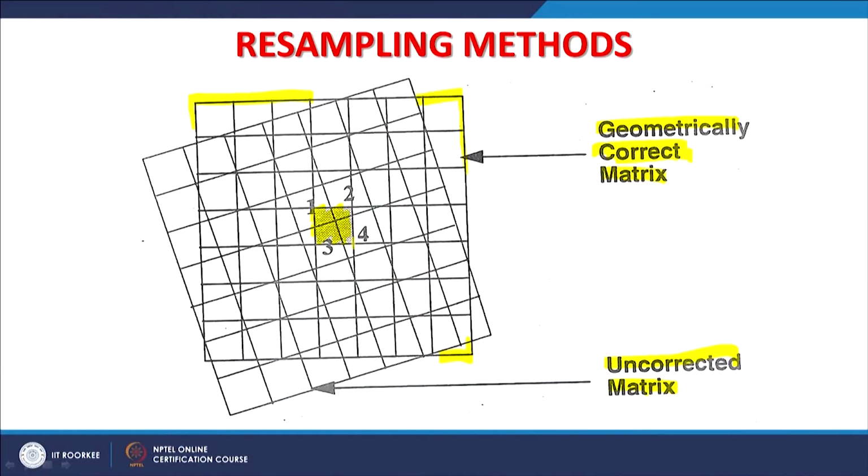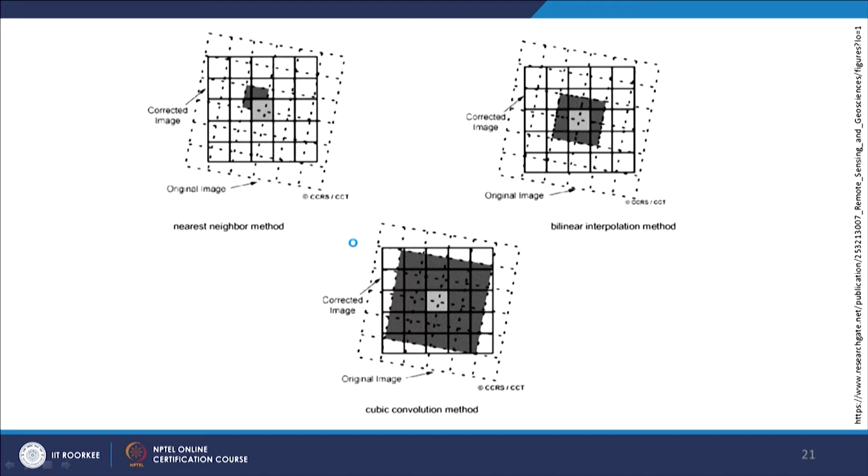In the cubic convolution technique, a 4 by 4 matrix is considered, that means a total of 16 pixels, and their weighted average based on the distance from the target pixel is calculated and assigned to the target pixel. Now, let us see individually.